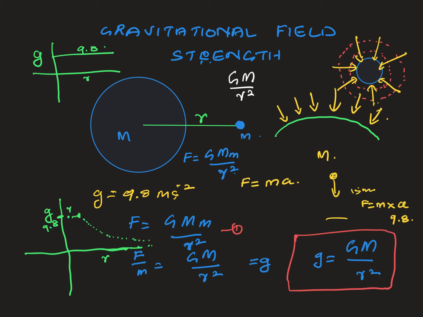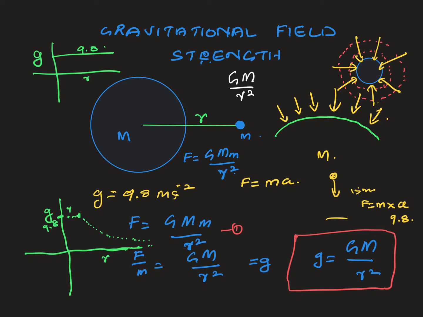Something you need to make sure of is that the radius is from the center of the planet Earth, or any mass that this is orbiting around. That radius is from the center to the point where we have the other mass.